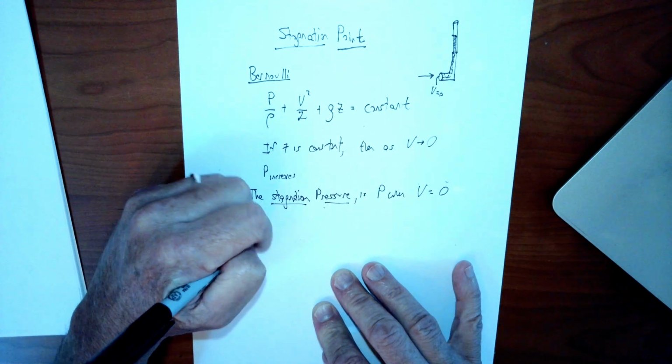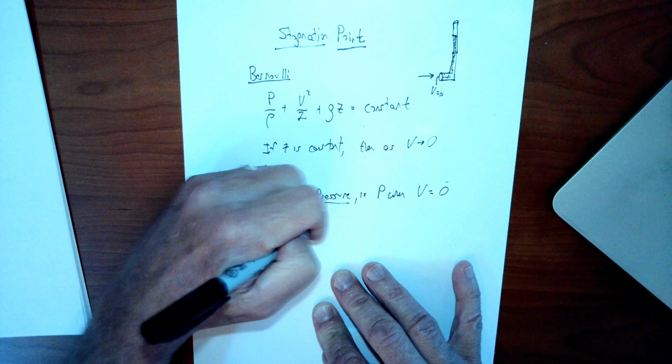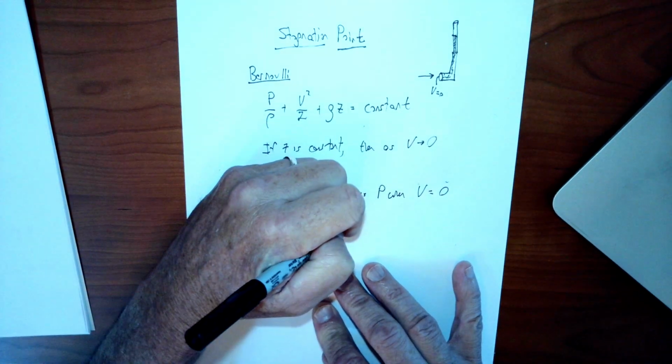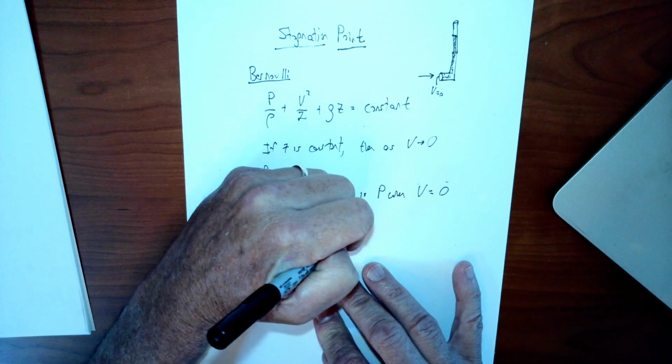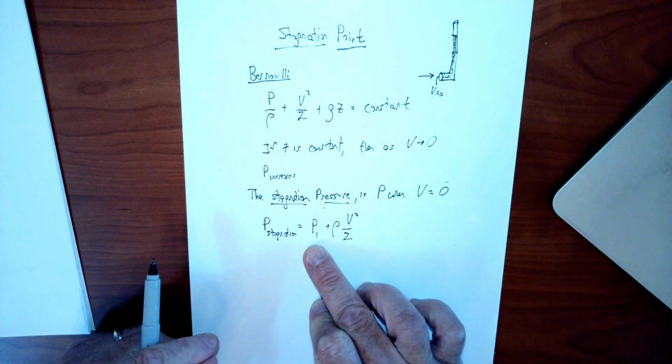So we can write that down as P stagnation as a definition here is equal to whatever the pressure is at some point 1 plus rho times V squared over 2. So this P1 is a place where the fluid is still flowing.